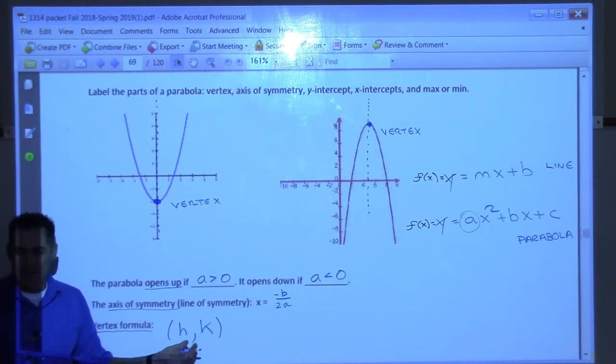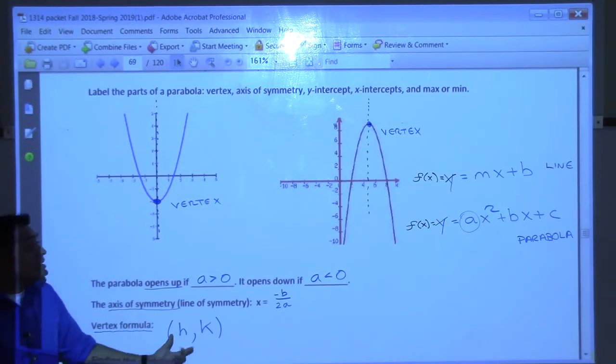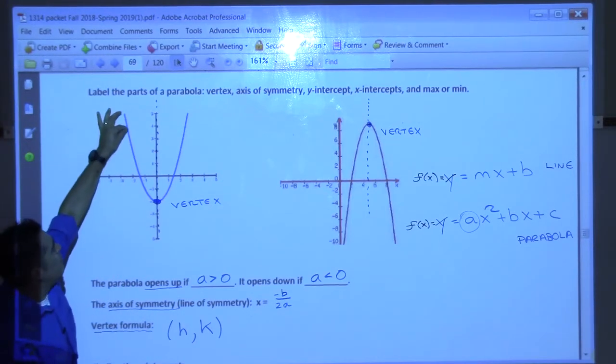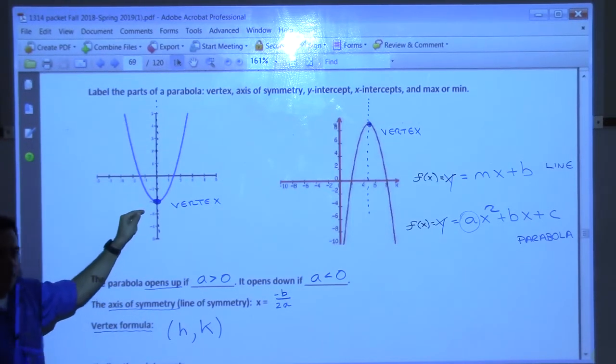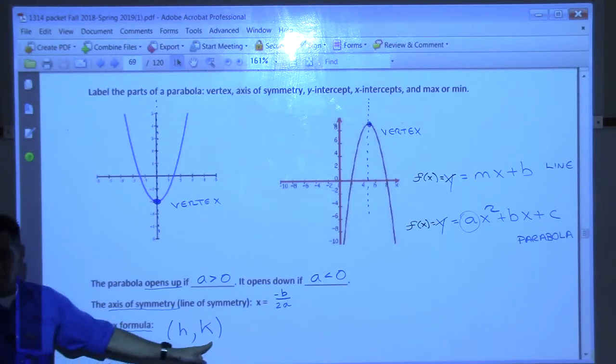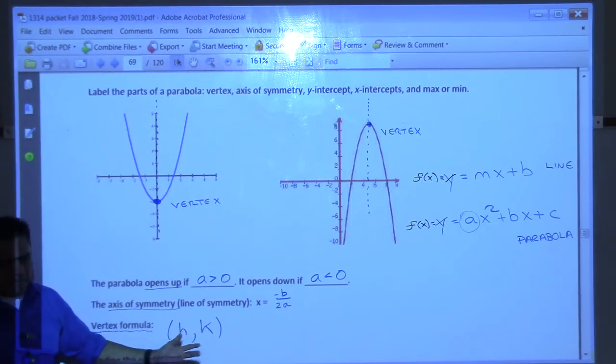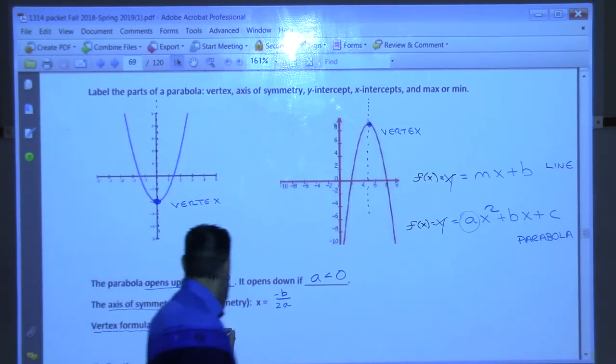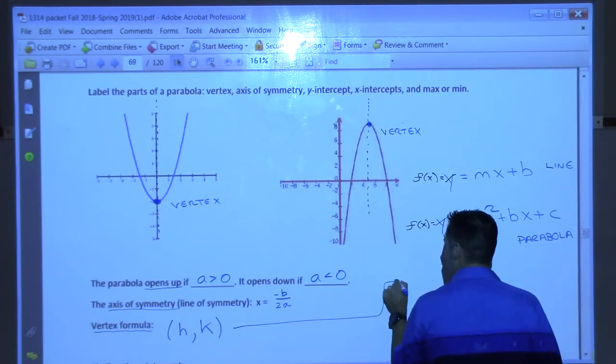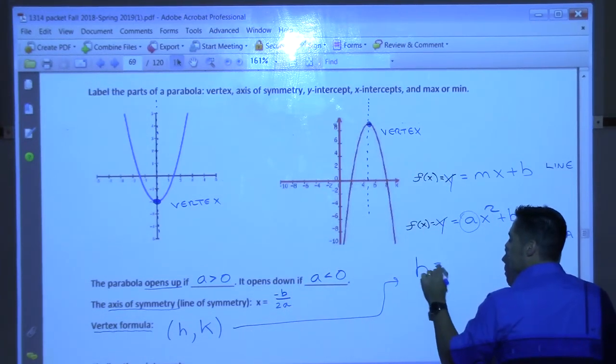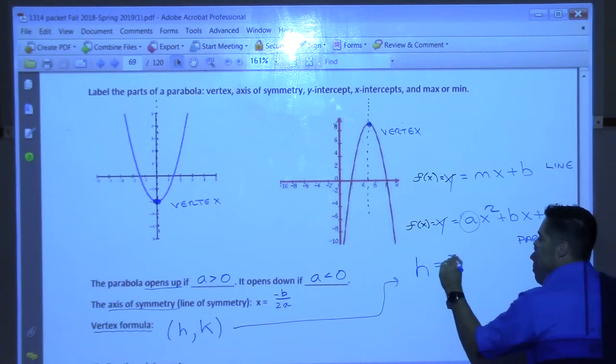I know, why not use x and y? It's because it's a special point. It's not just any point on the parabola. It's the vertex. And because it's the vertex, we use the letters h and k to represent it. All right? So how do we actually find those? Well, to find out what h is, you have to do this calculation.